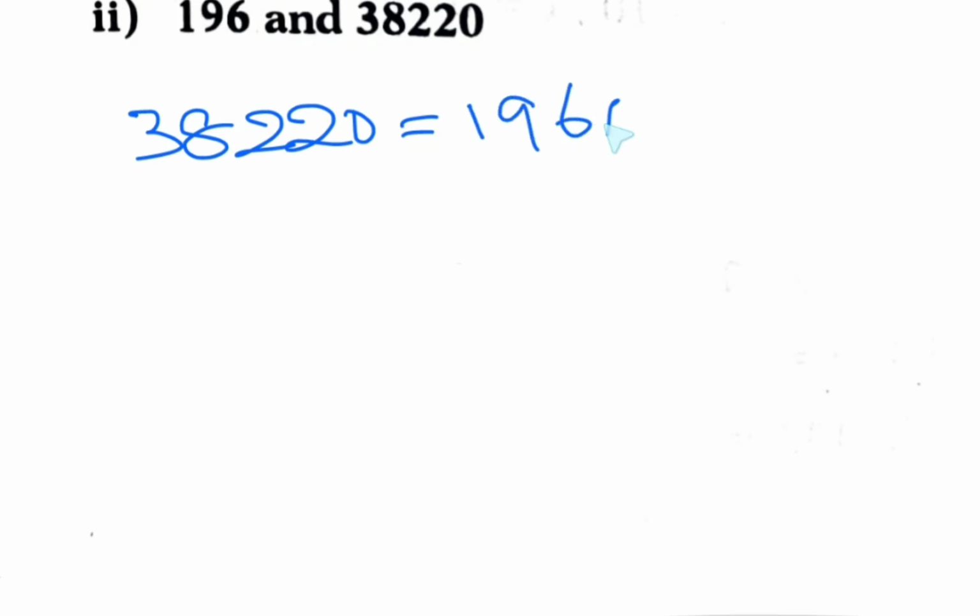Find the HCF of 196 and 38,220. Here A is 38,220 because it is greater than 196. So write here 38,220 is equal to 196 into, if you divide 38,220, we will get 195. 195 into 196 is 38,220.